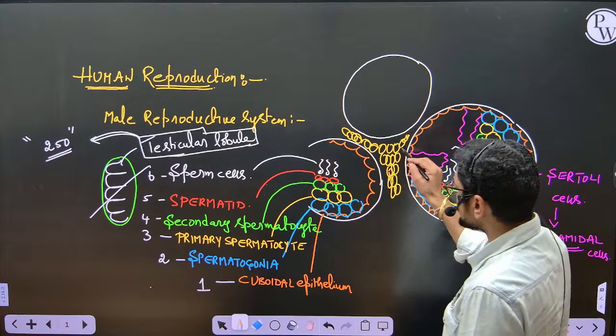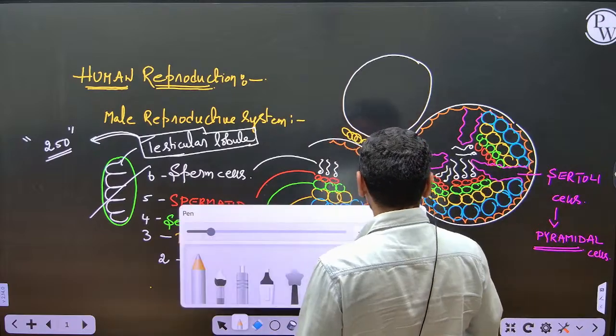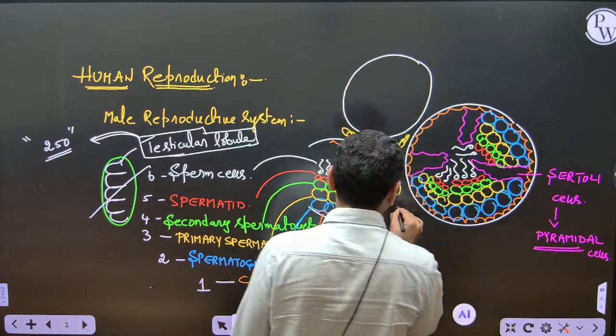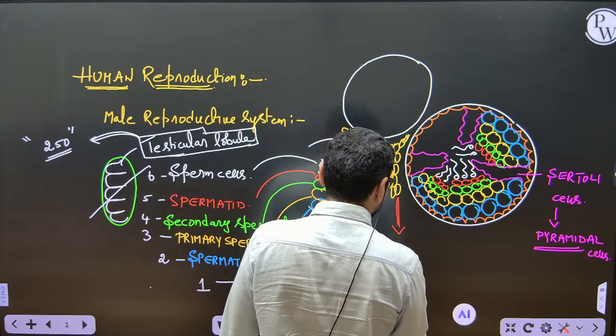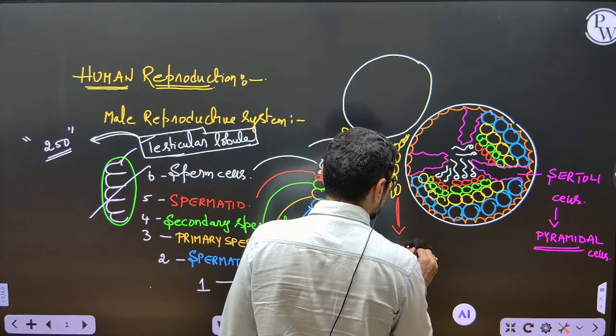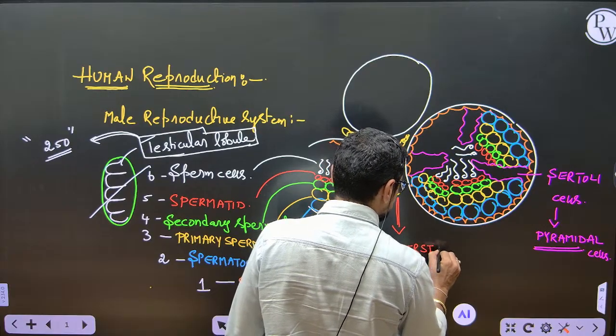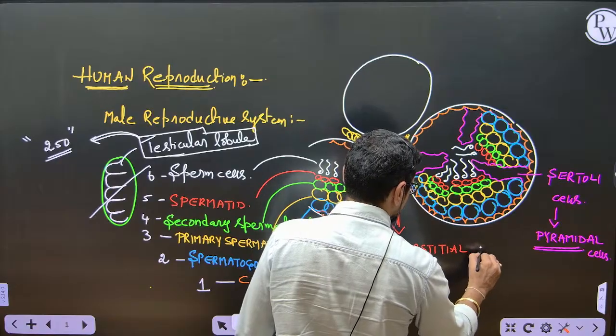And now see these cells. What are these cells that you are seeing here? These cells are called interstitial cells. INTERSTITIAL.